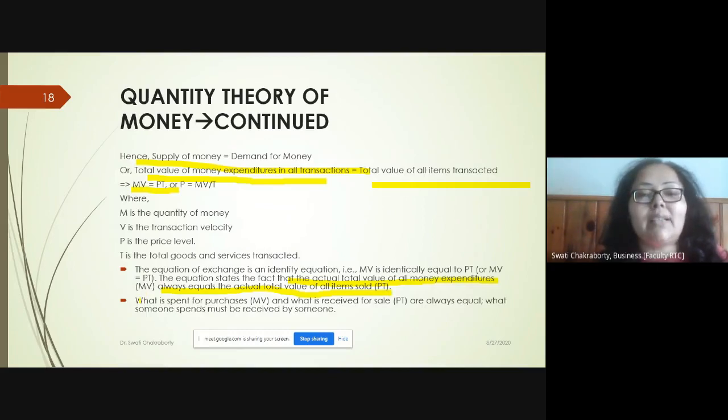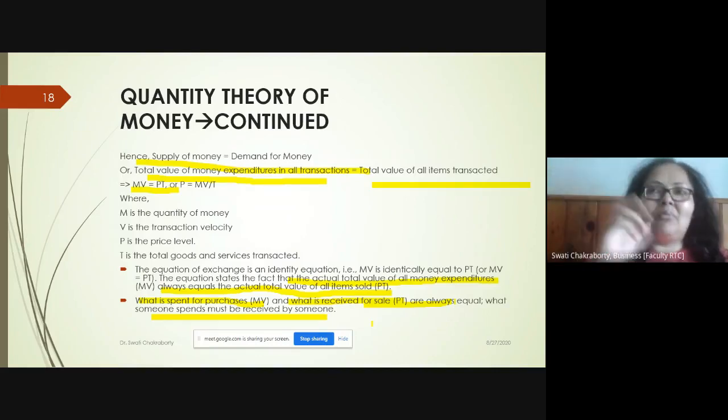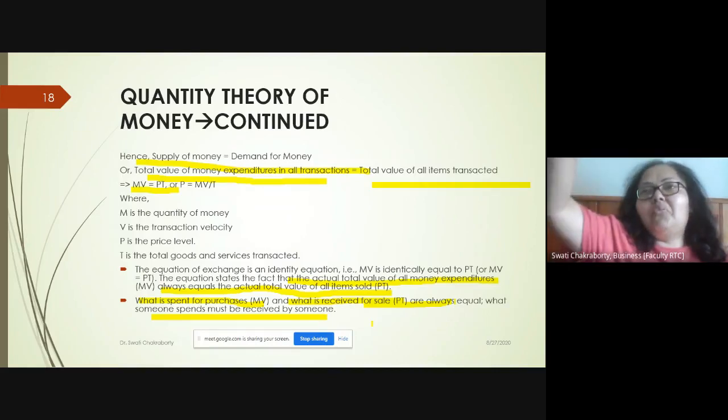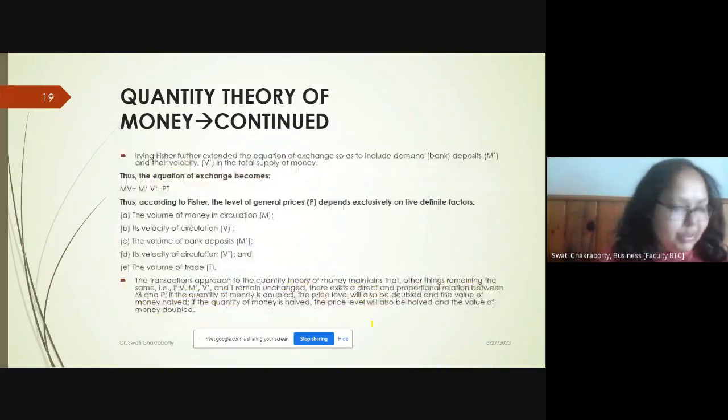So what is spent for purchases, that is MV, and what is received for sale, PT, are always equal. What someone spends is received by someone else, exactly the amount. How much you spend to buy something, you pay it to the person who's selling. The person is getting the same amount.